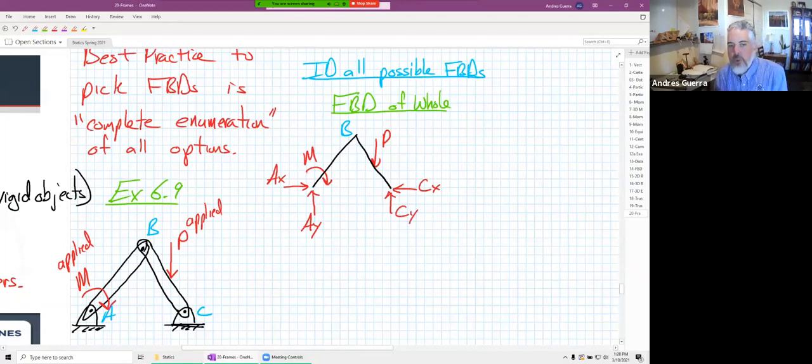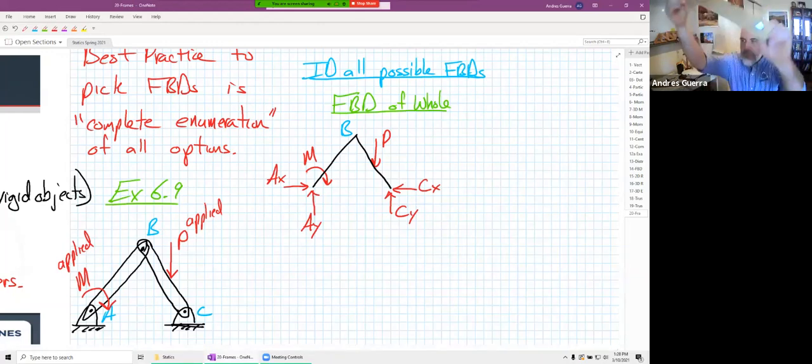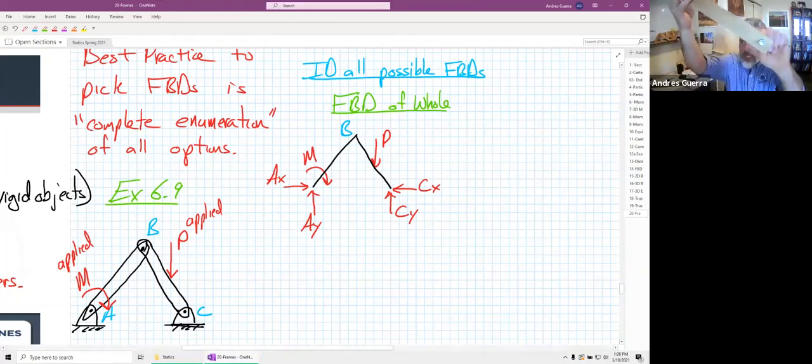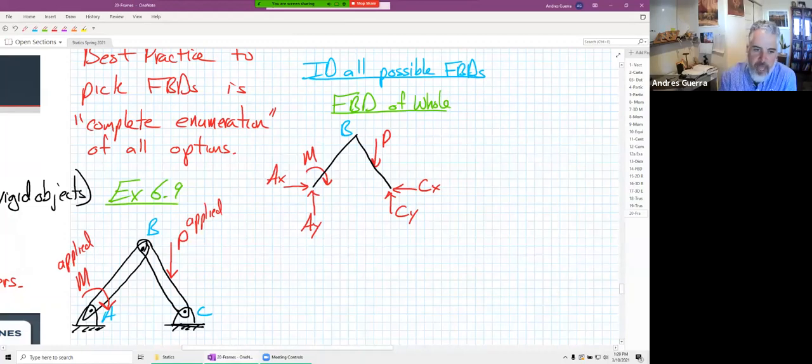There is no moment reaction at A or C because they're pin supports. That pin support allows rotation from happening. It doesn't allow it to translate in either direction, and so I have an X and a Y force at those two. Okay, so our FBD of the whole system here, assuming we know M and P, so let's say this is a known M, and this is a known P over here.